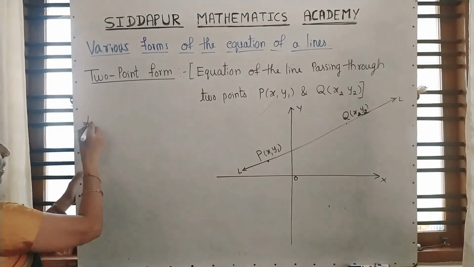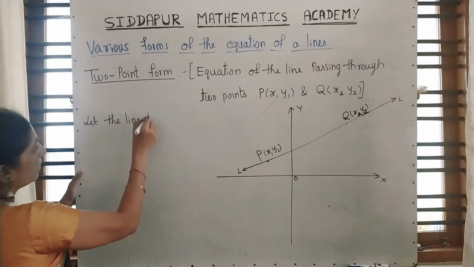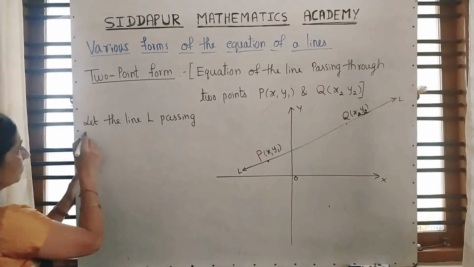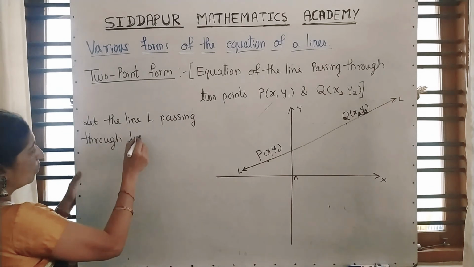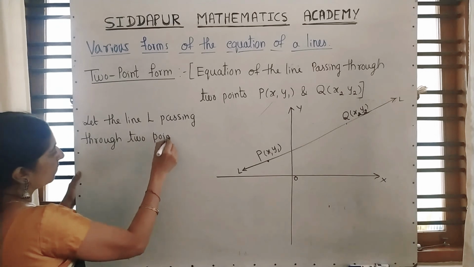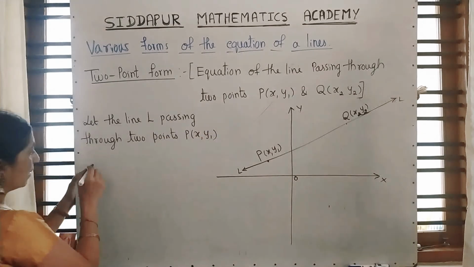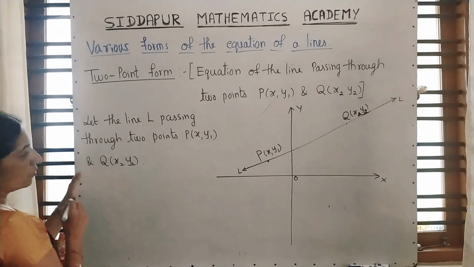Read the proof. Let the line L pass through 2 points P(x1, y1) and Q(x2, y2). Understood?